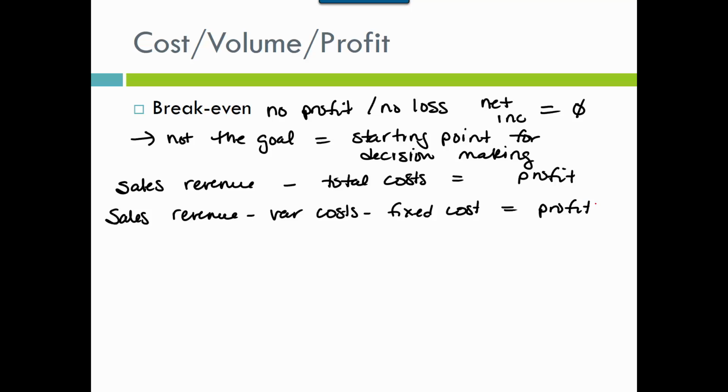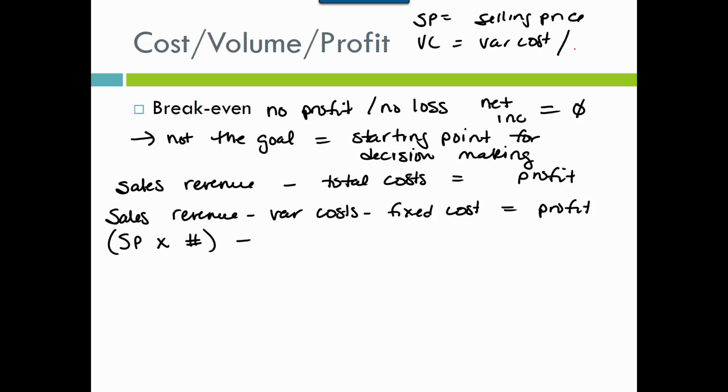And I can do my sales revenue will be the selling price per unit. So SP equals the selling price, so that's per unit, times the number of units that I sell, minus my variable cost. So VC will be my variable cost per unit, times the number of units I sell, minus my fixed cost, which will be total. And if I'm breaking even, my profit or my operating income is 0.